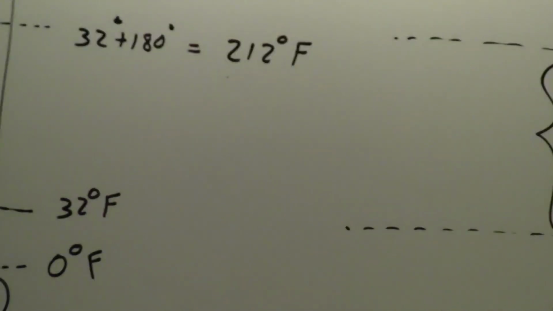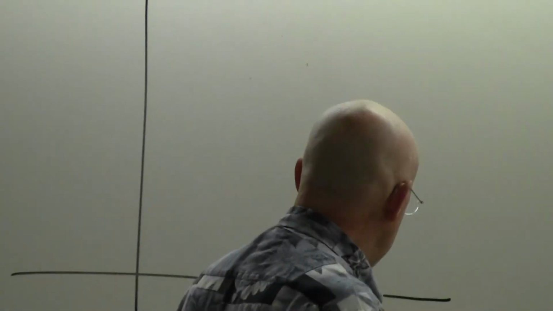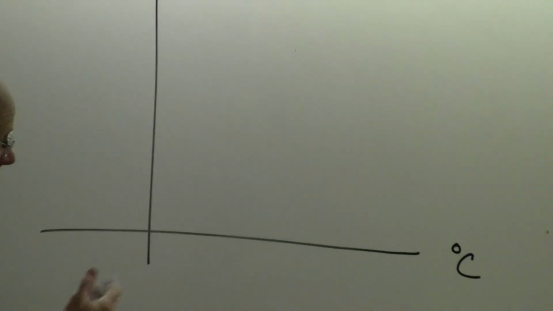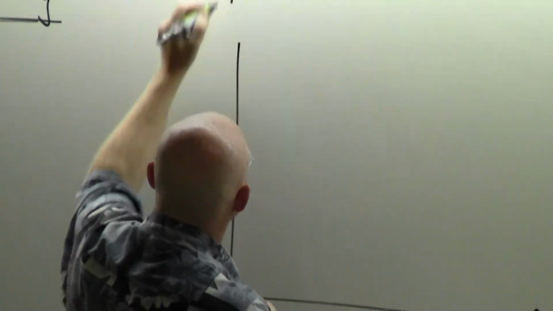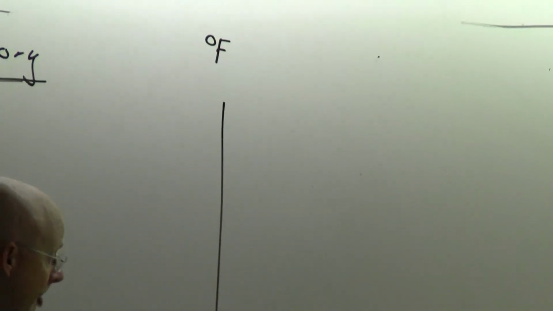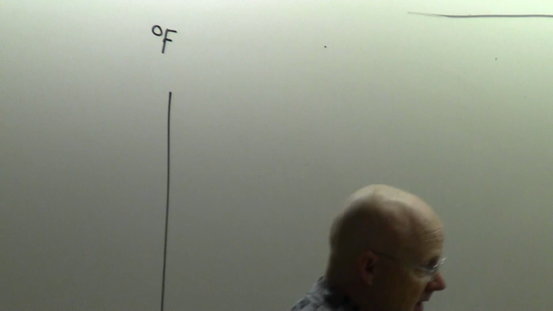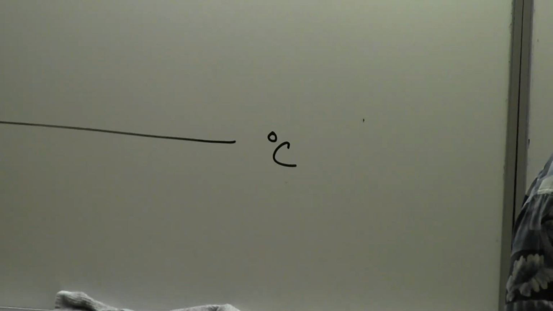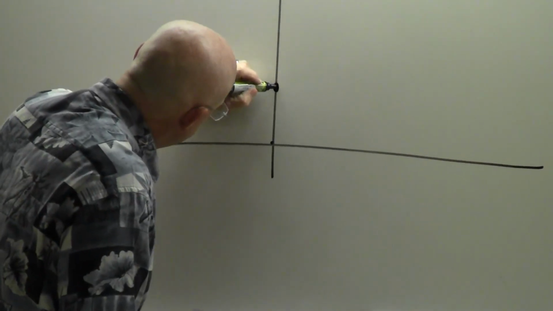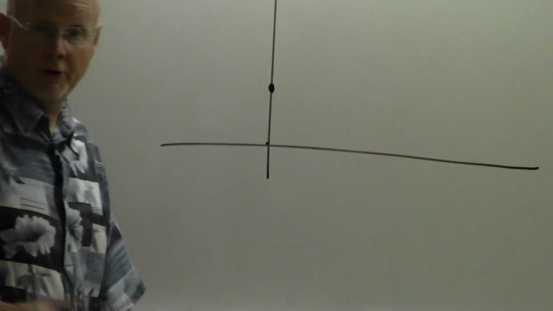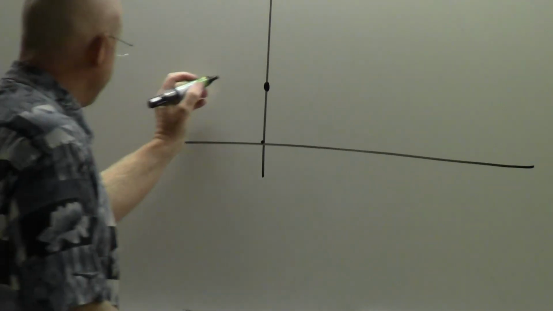If I were to make a graph, let's say, where on one side I would like to put the Celsius scale, so maybe on the x-axis I'll put temperatures in degrees Celsius, and then the corresponding one on the vertical axis, degrees Fahrenheit, then looking at this connection, 0 degrees Celsius should be right there, 32 Fahrenheit.